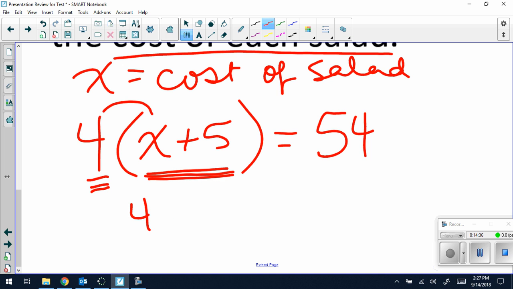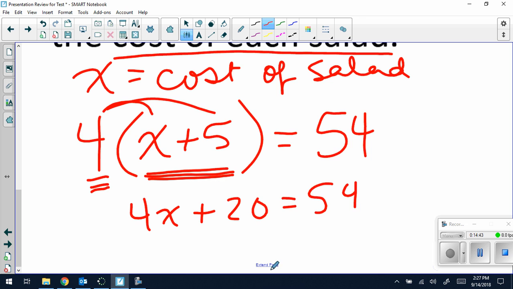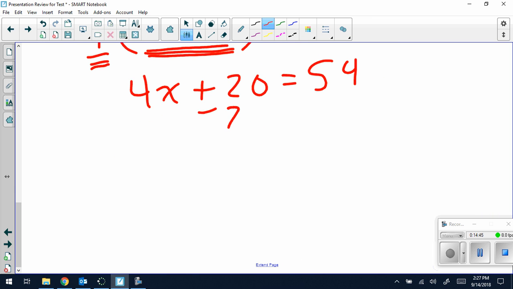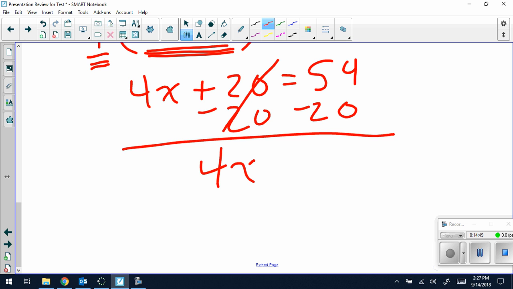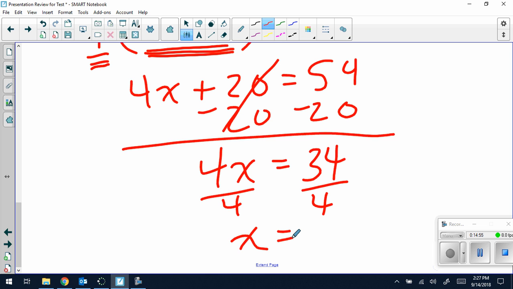So distribute. Subtract. And divide by 4. Since this is money, we're going to round to 2 decimal places, and we're going to get $8.50.